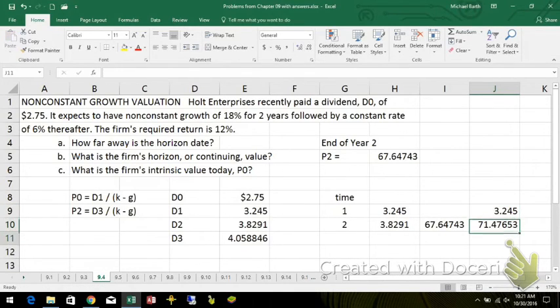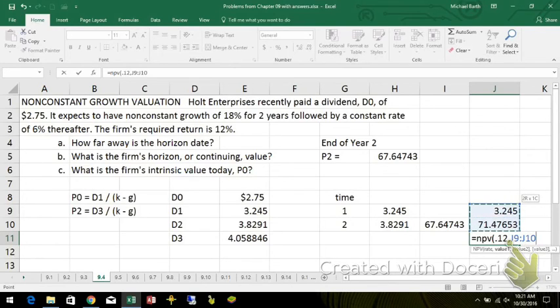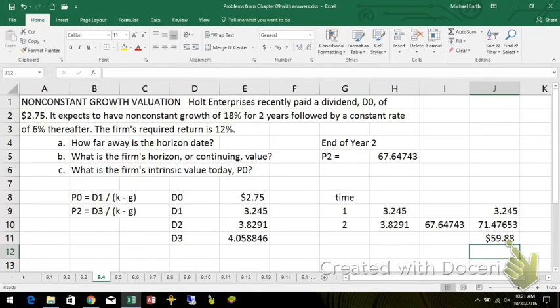and then I use my NPV function, equals NPV at 12%, which is the required rate of return, what's the present value of $3 and change received a year from now, and then the total value of $71.50 roughly 2 years from now, $59.88.